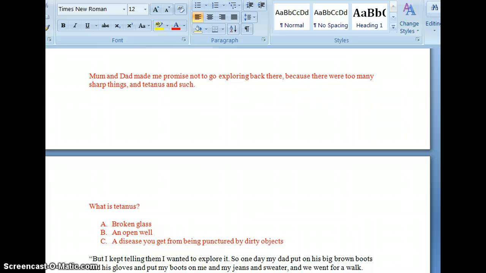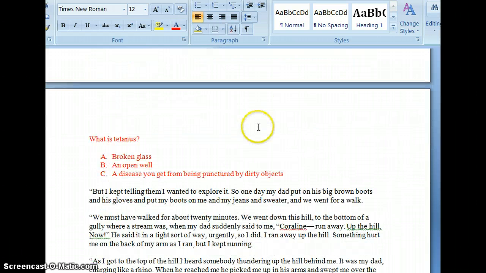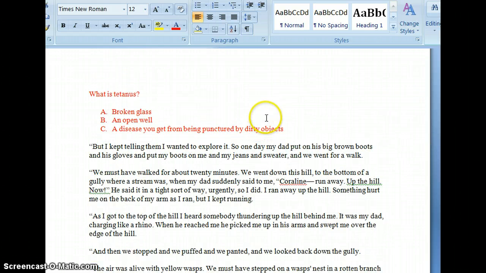Now, tetanus for a native speaker is quite easy, but for students who aren't native speakers, it's a word that they may not have encountered yet, and so it relied on them to try to figure out what tetanus was just from the context of the book, which is also a higher level thinking process, in terms of trying to get them to figure out what the word means, not just giving them the definition.